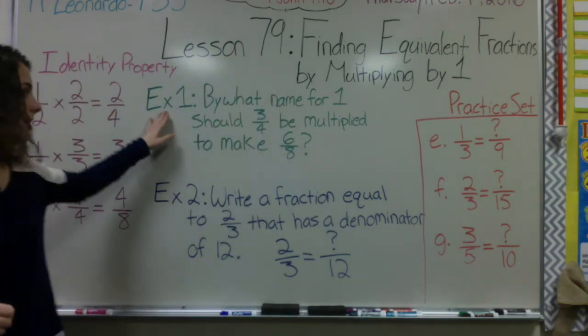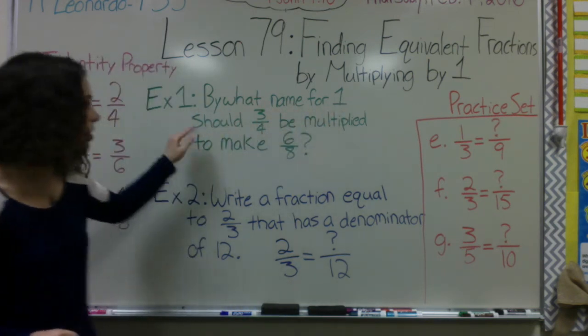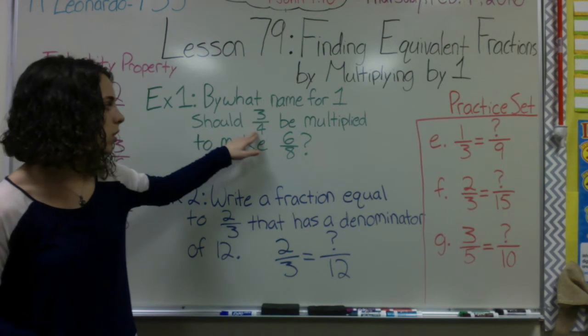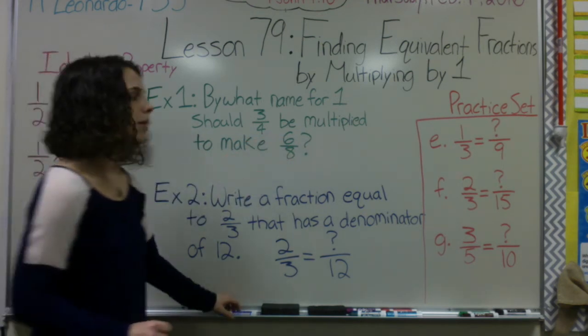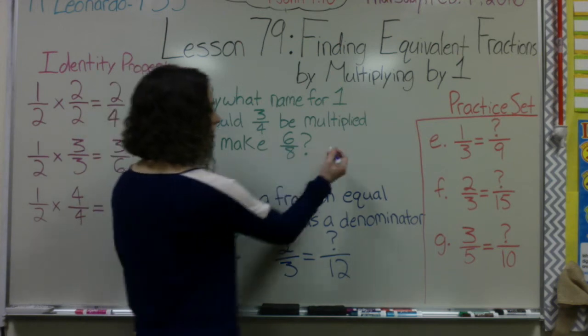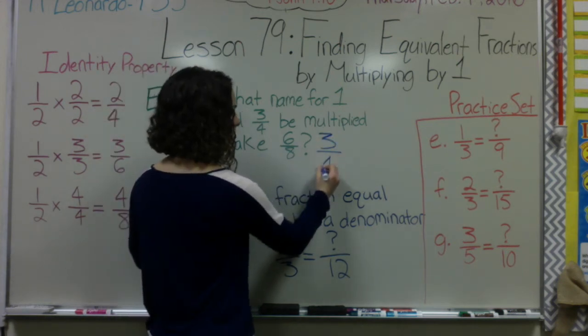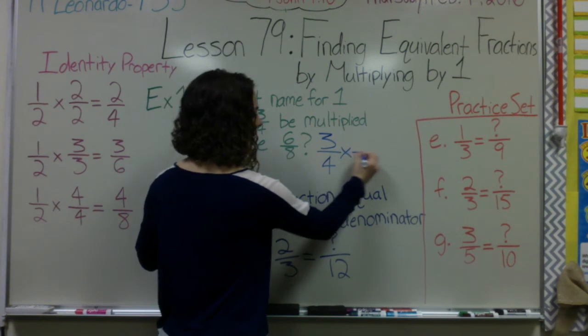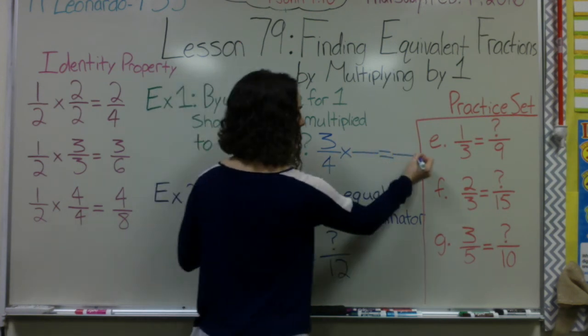So we're going to start with example 1. By what name for 1, so what fraction of 1, should 3/4 be multiplied to make 6/8? So I'm trying to figure out how, if I have 3/4, I need to multiply by a fraction of 1 that equals 6 over 8.